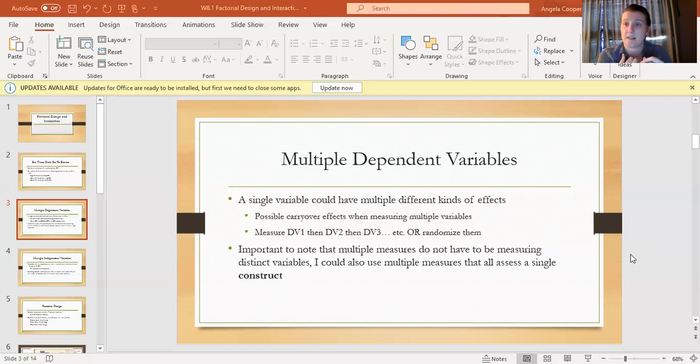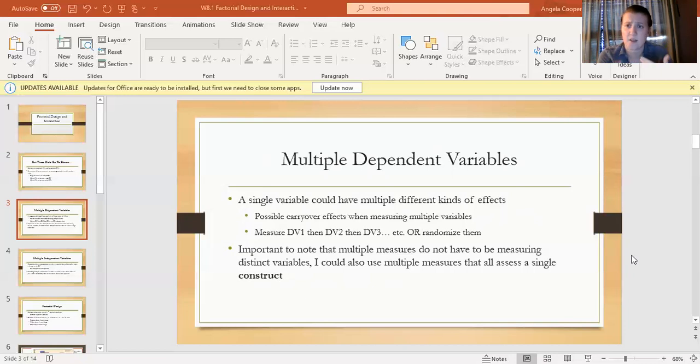You have the practice effect, which is kind of the opposite: you do something over and over again, you get better at it, so your performance actually improves. And then we have the context effect, where exposure to one condition of the independent variable can alter how you react to the second condition.